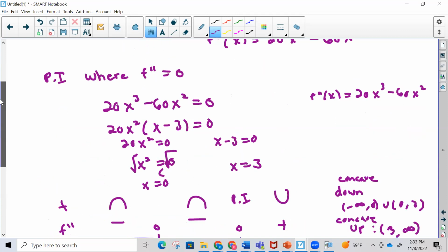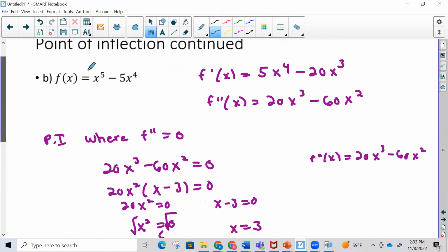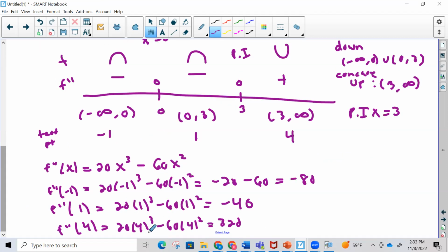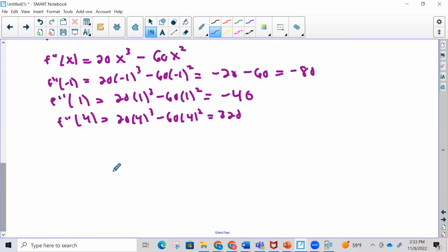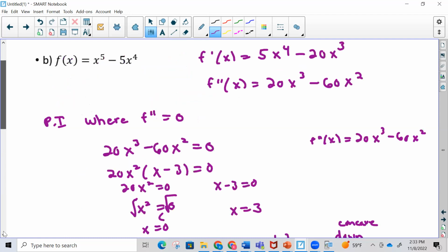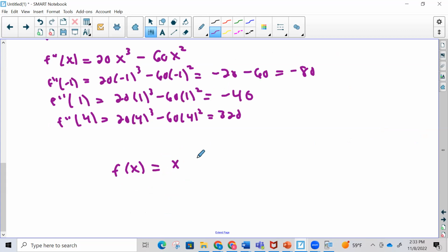And if you have to find the point, then you need to find the y value. So I come up here and plug into the original function to get the y value. So I'm going to find f of 3. Okay, so we had f of x equals x to the 5th minus 5x to the 4th. So I would plug in my x value of my point of inflection, which is 3, to get the y value.